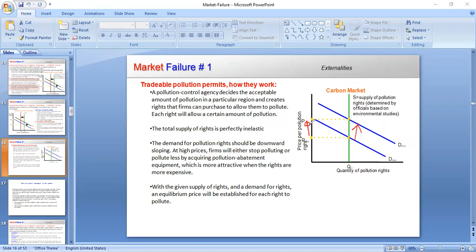And of course, reduced output by these polluting farms definitely reduces the amount of pollution. So that is the logic behind the tradable permits and how the government uses them to control pollution, which is actually a negative externality of production.